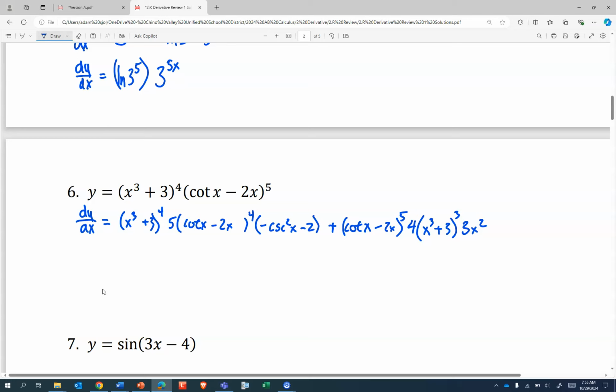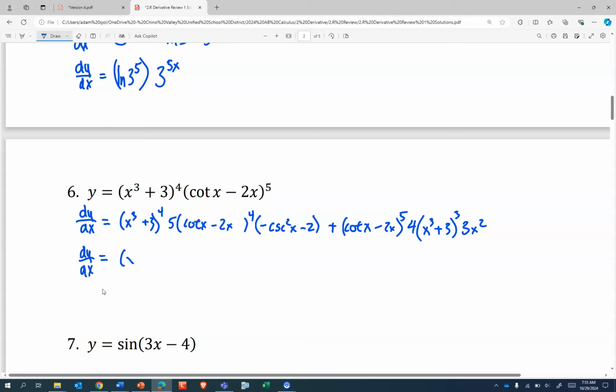All right. So what are we going to do? We're going to factor some stuff out. So we can factor out definitely an x cubed plus 3 to some power and a cotangent of x minus 2x to a power. So we just take the lesser power, so that's a fourth power on the x cubed plus 3 and a third power on the cotangent x minus 2x.